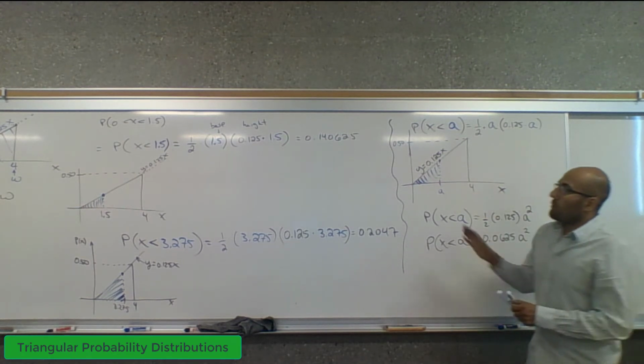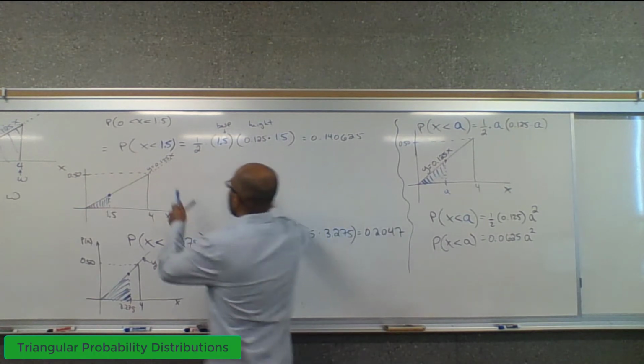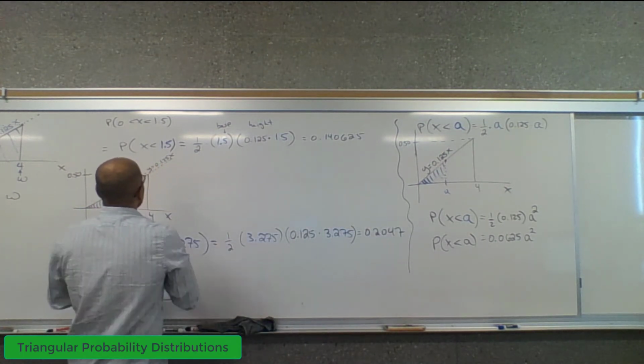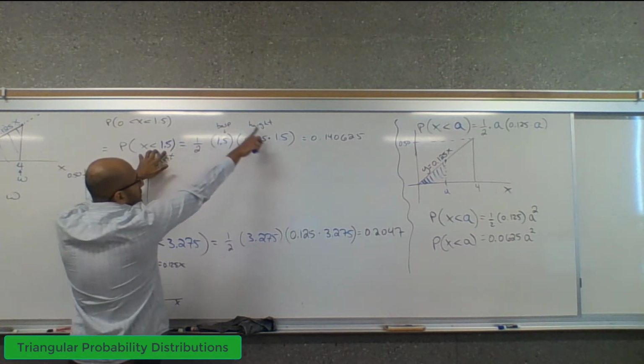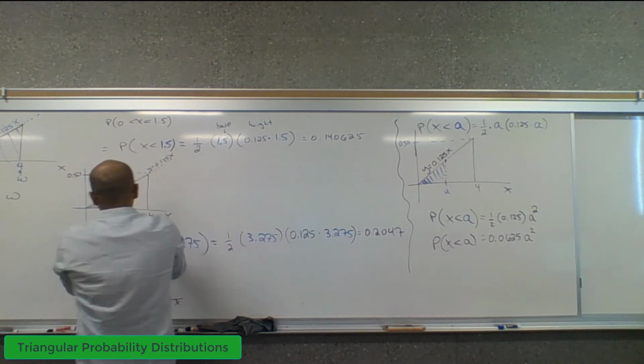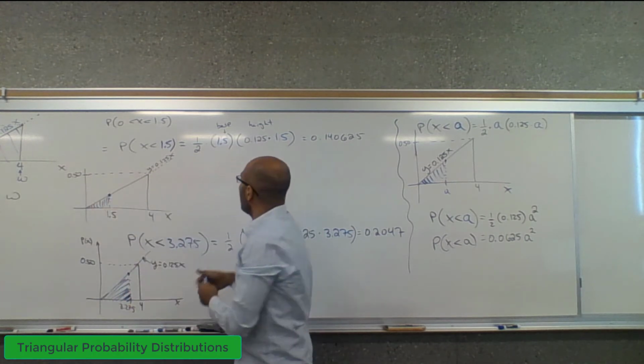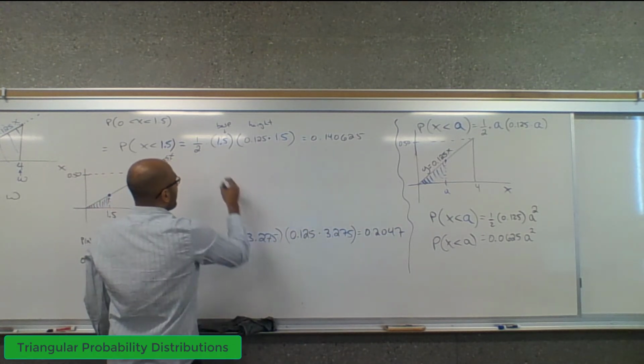Got it? So back to this case, right? Somebody asked you, what's the probability that x is less than 1.5? Okay, we could do this whole thing here where we find the triangle, or we can just use that formula over there.